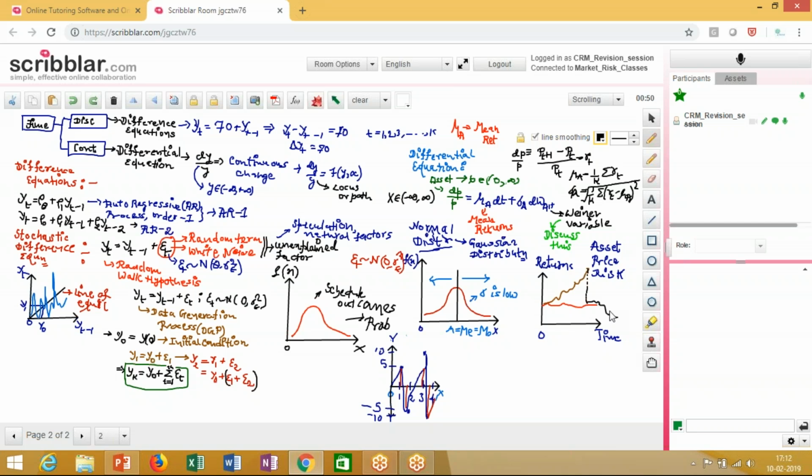You can do it over multiple periods of time, and if you track that probability of crashing, you will see that it is increasing in the neighborhood of this.